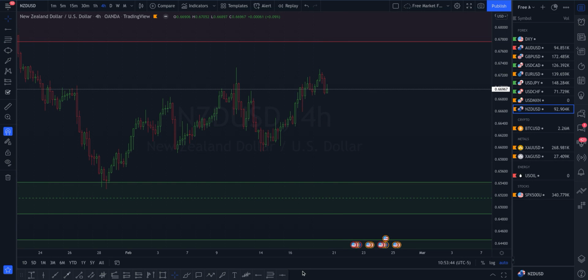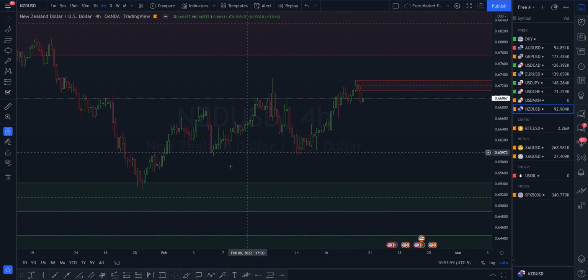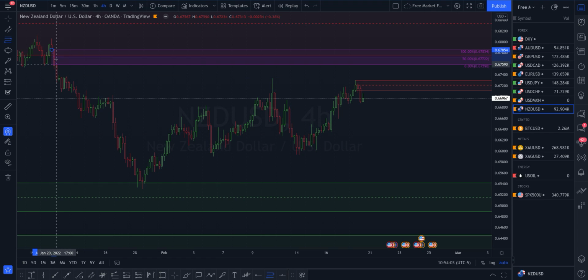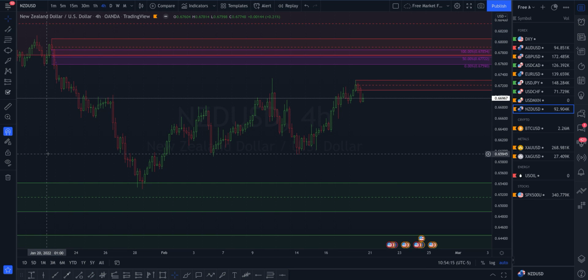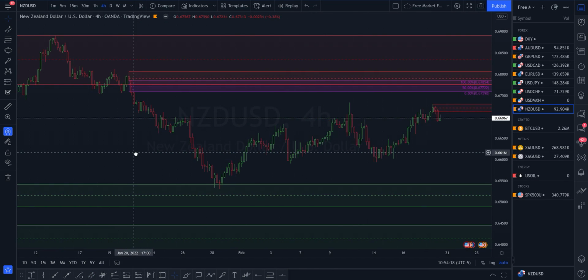However, we do have this 4-hour supply right here that has not been mitigated. We could see this imbalance being filled that is also sitting in unmitigated supply. I do like that.